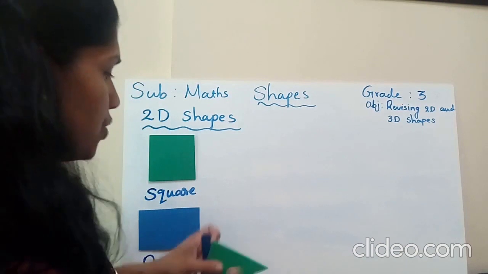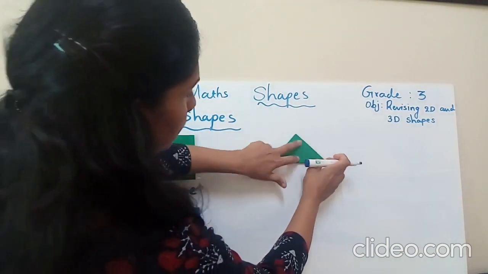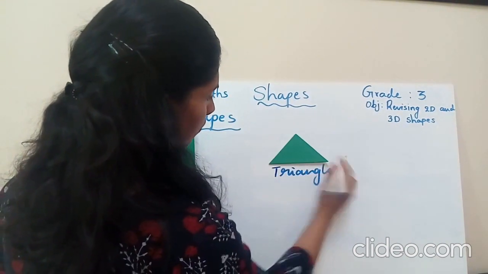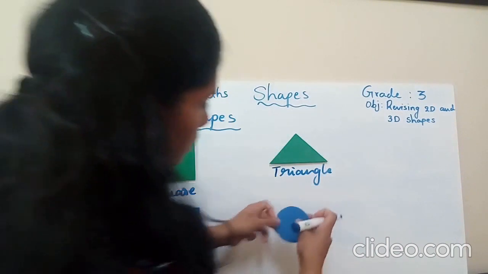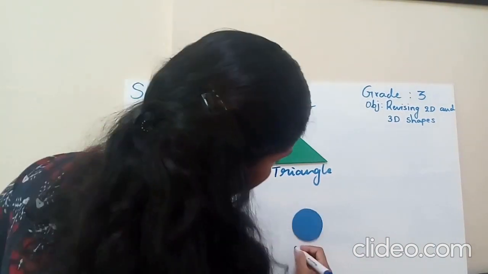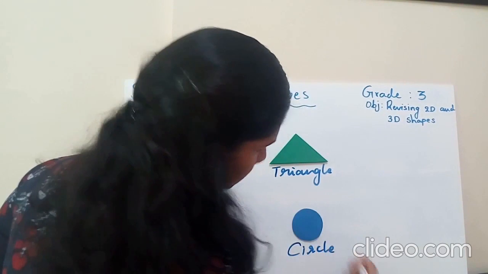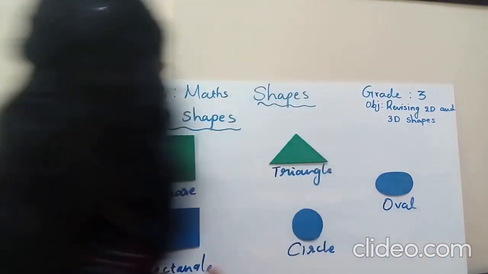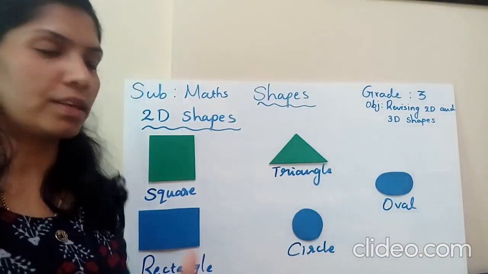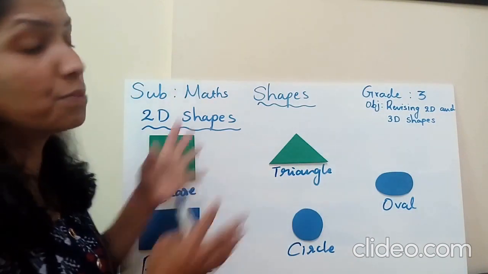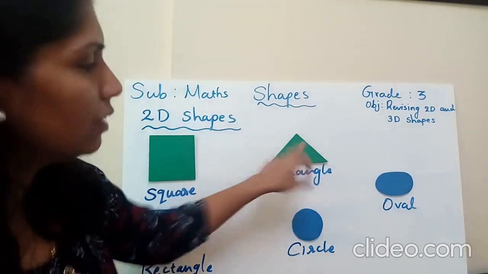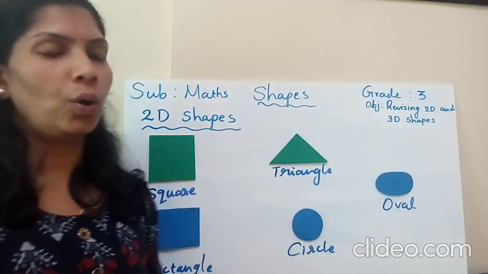The next 2D shape is a triangle. The next one is a circle. The last one is an oval. So when you see any objects, those objects are based on these basic shapes. The first one is square, rectangle, triangle, circle and oval.